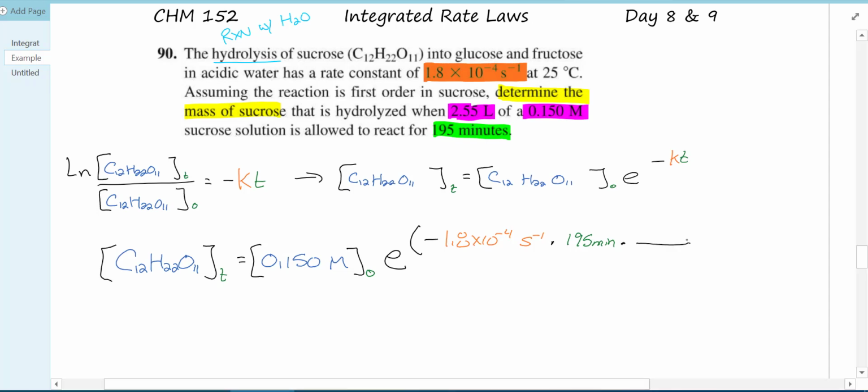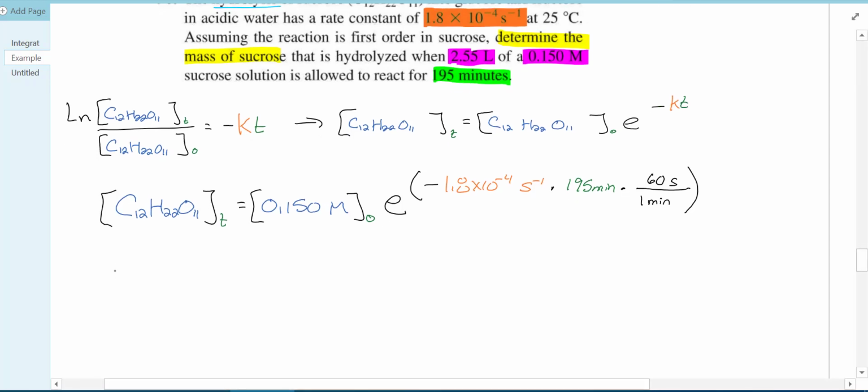So we need to do something. We know that 1 minute is 60 seconds. All right, that'll work for us now. So that'll give us the concentration of sucrose at time t of 195 minutes to be what?